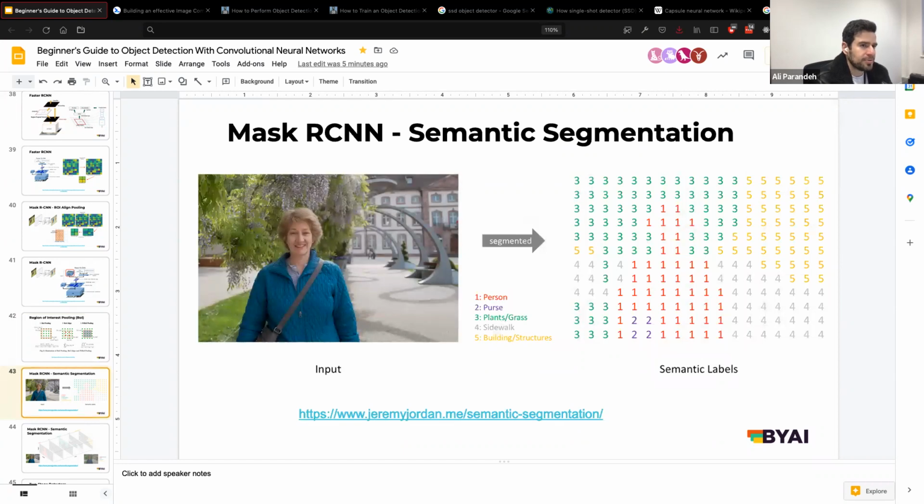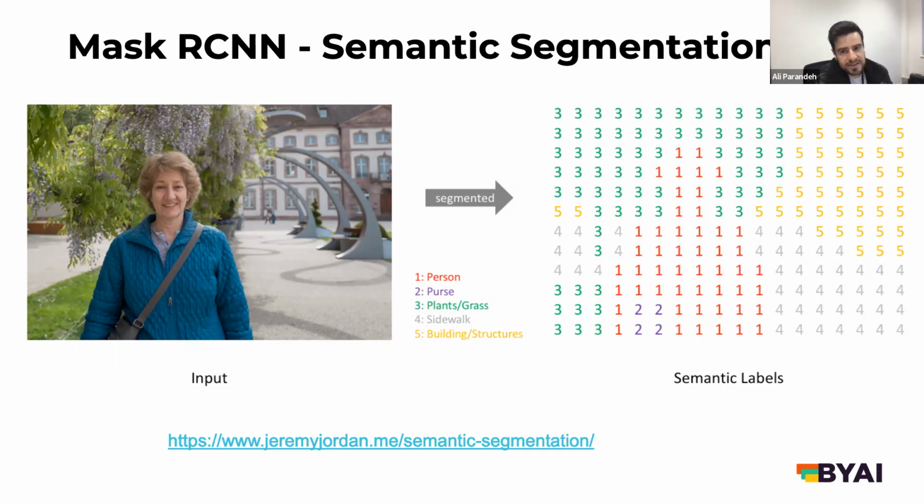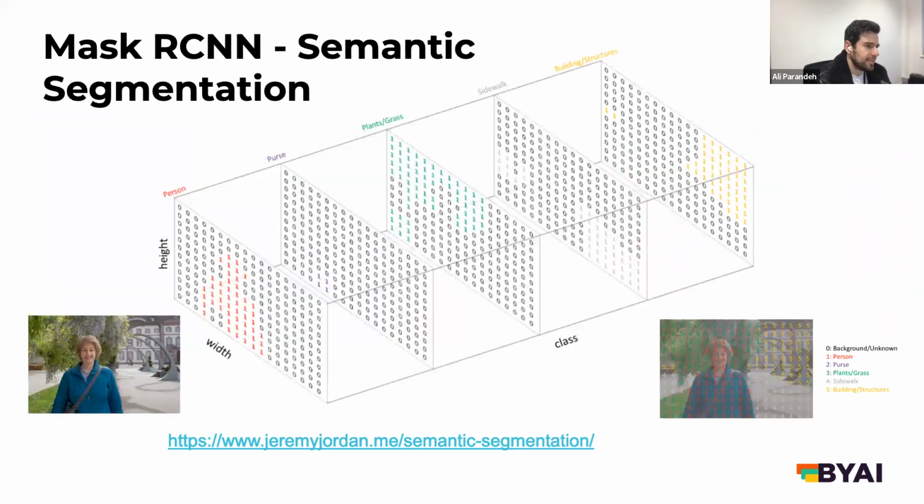But when you are able to mask an image, that means you can perform semantic segmentation on top. That basically means you can perform classification of each pixel inside this image, and figure out in each layer of the image where the object resides and what that object is.